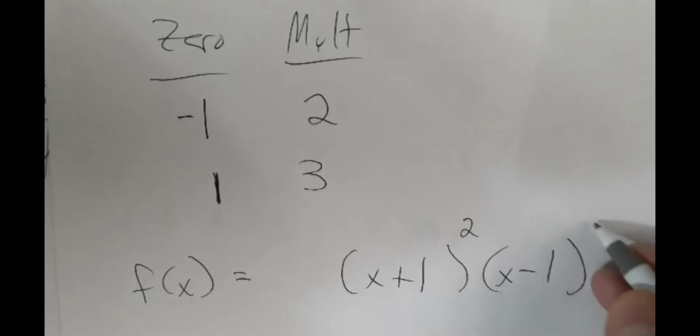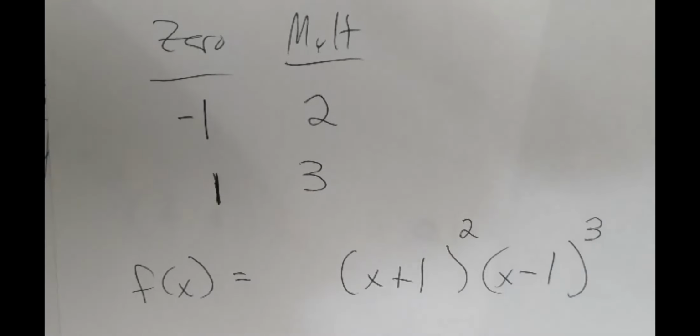And then you should make this one an exponent of 3. I just write my factors first and then I go back and check what the exponent should be. I think it's a little bit more efficient, but it's fine. However you're getting it.